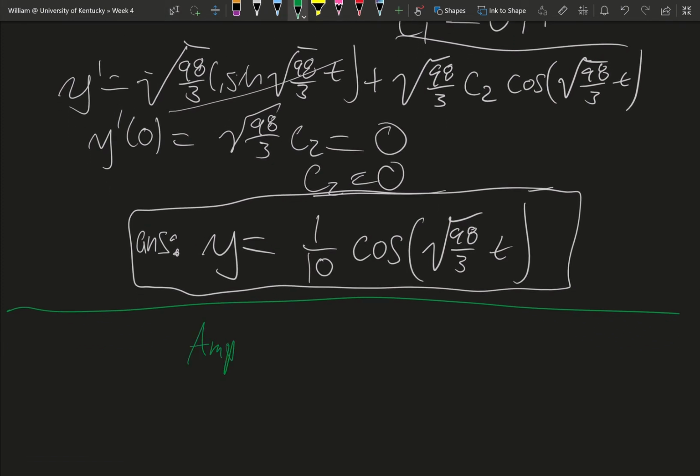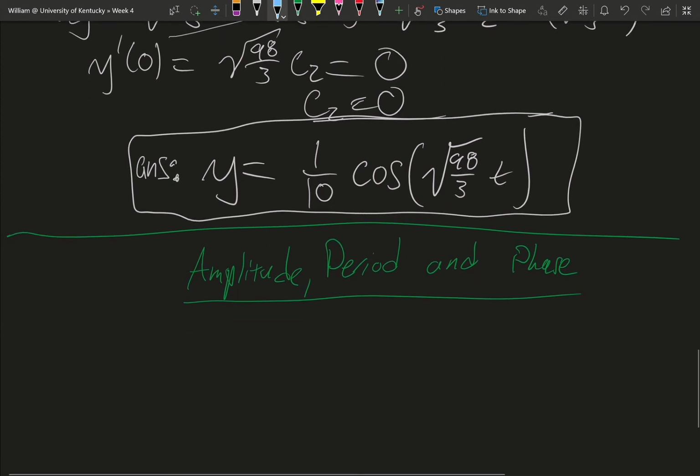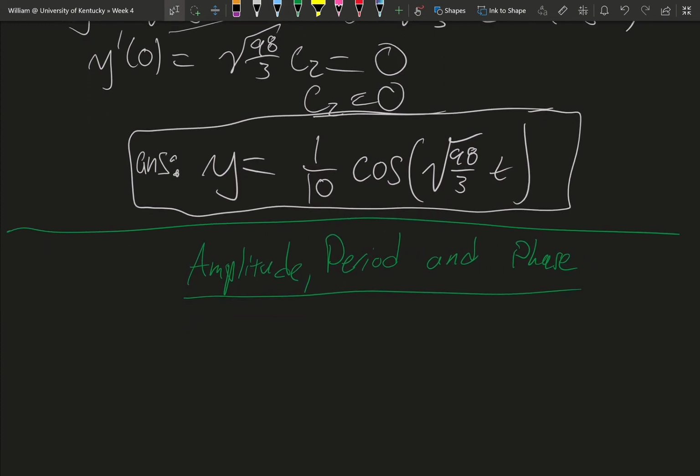So amplitude, period, and phase. So let's say we've solved one of these equations and we get something.